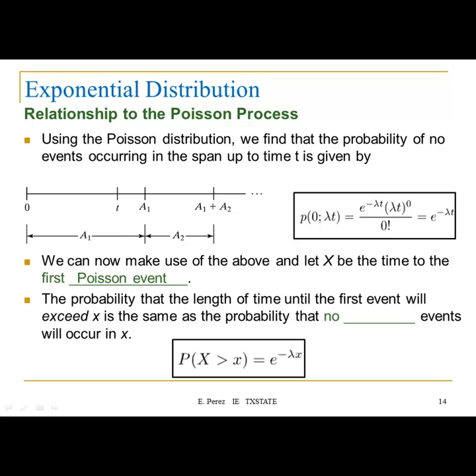Okay, so the probability that the length of time until the first event will exceed x is the same as the probability that no Poisson event will occur. So, having x be equal to 0 means that no events are going to happen in this time period. And when you solve this, this is the expression that you're going to have.